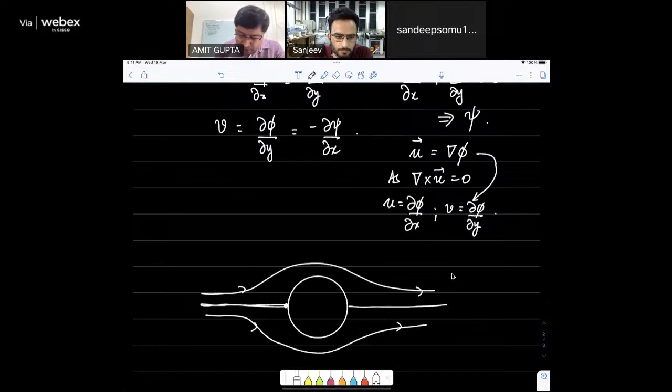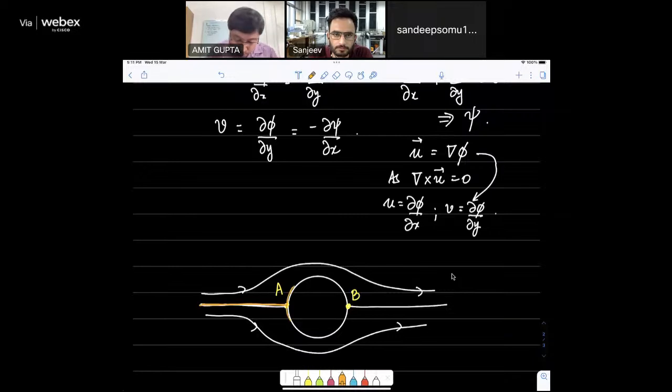There is a stagnation point here and a stagnation point here, point A and point B. These are two stagnation points in this flow. If you look at the streamline corresponding to these two stagnation points, it is actually this streamline. The streamline comes here straight, that's the same streamline, and then it bifurcates on both sides.